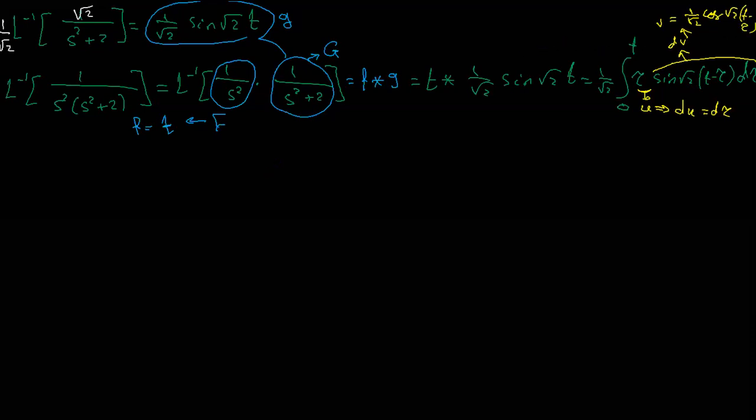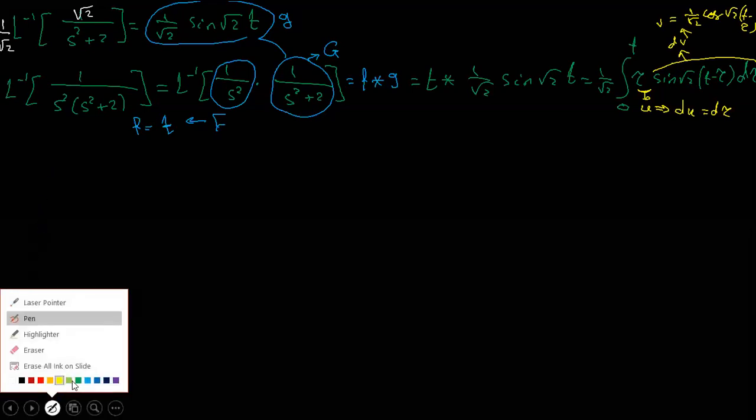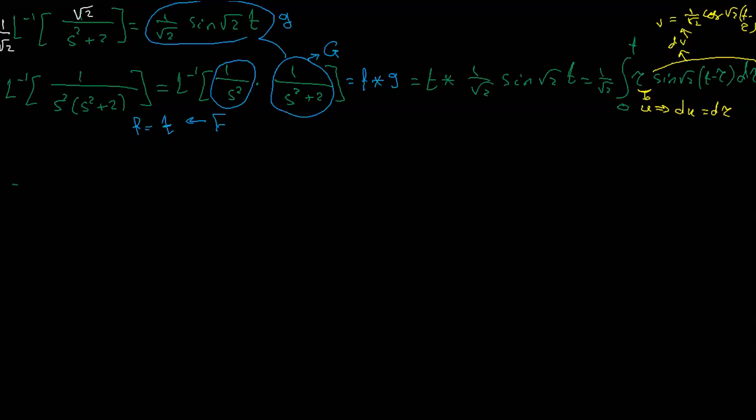Okay, let me apply the rule here. I'm going back to green: 1 over root 2 bracket, the rule for integration by parts, which is u times v minus integral of v du. So my u is tau, times my v, which is 1 over root 2 cosine root 2 (t minus tau).